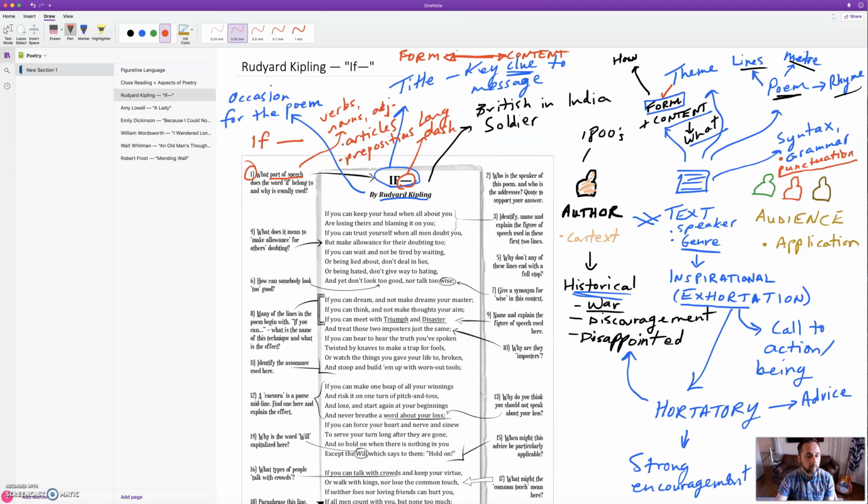Okay. We have conjunctions. And that's actually what if is. It's a conjunction. What's a conjunction? If you look at the word conjunction, a junction is where different things cross together.